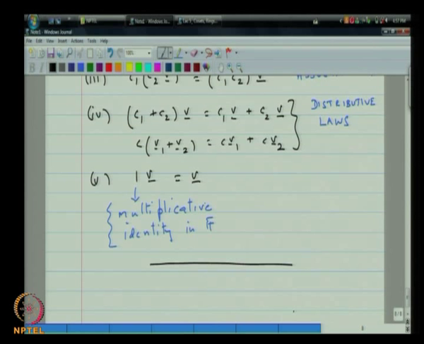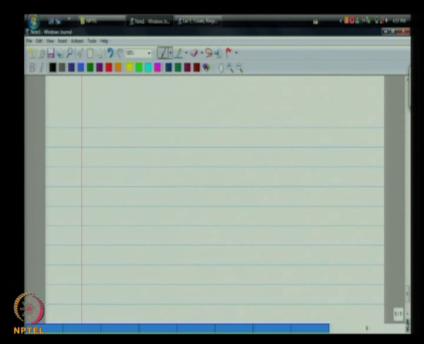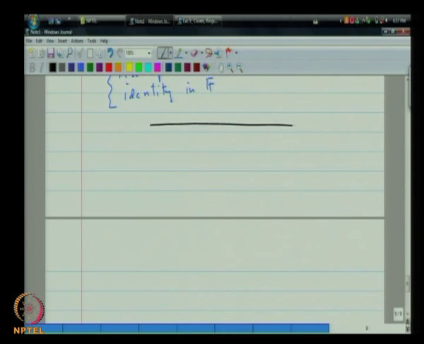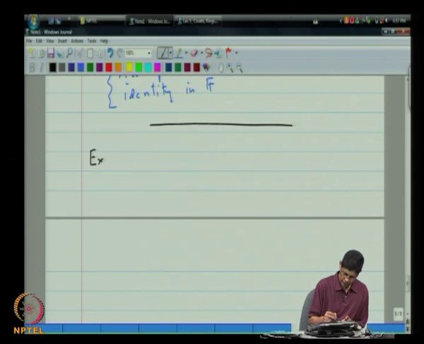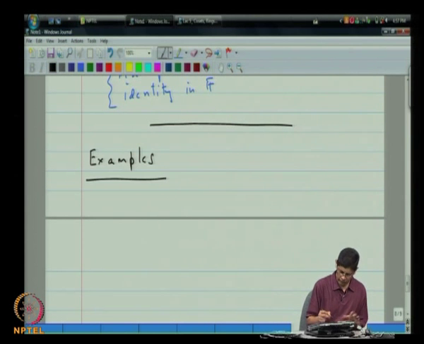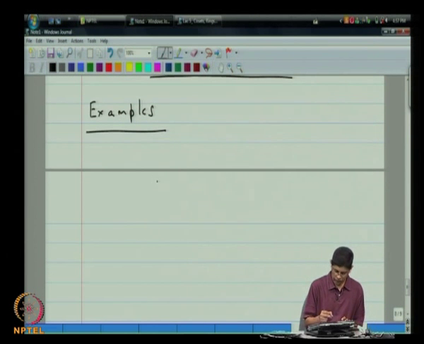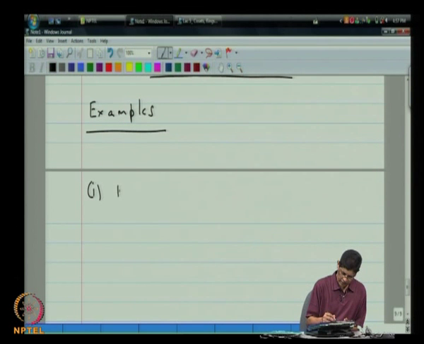So, what are some examples? The most common example are vector spaces of the form R to the n, where strictly speaking we mean R to the n is the set of vectors.